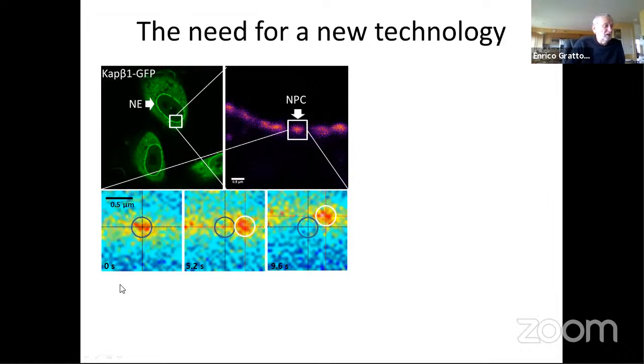First of all, a nuclear pore complex in about 5 seconds moves very, very much. You cannot take an image and figure out which is which, because this shows images at 0 seconds, 5 seconds, and 9 seconds, and it has moved completely out. So what we need to do is track the nuclear pore complex.